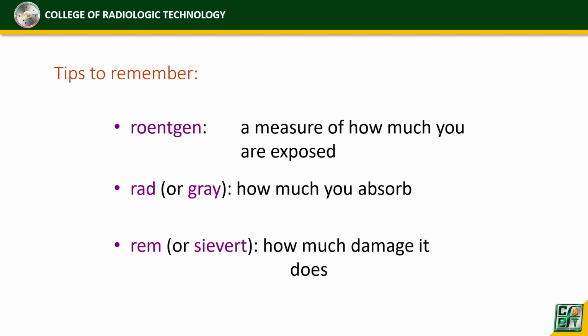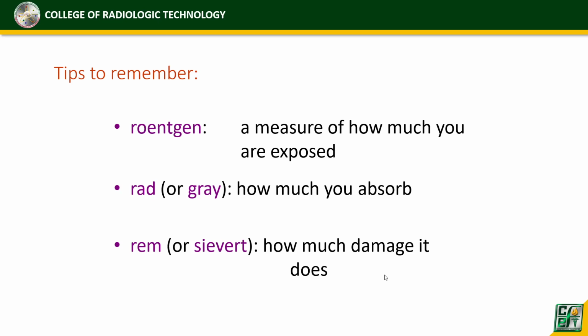Okay? So tips to remember, when we say Röntgen, it is a measure of how much you are exposed, kasi it is a measurement of ionization in air. Rad or gray is how much you absorb. Then REM or Sievert is how much damage it does. To simplify all the things that have been said, yan yung basic na kailangan tandaan.